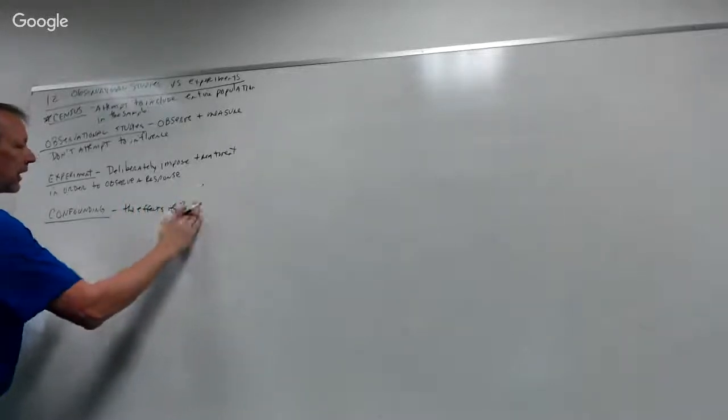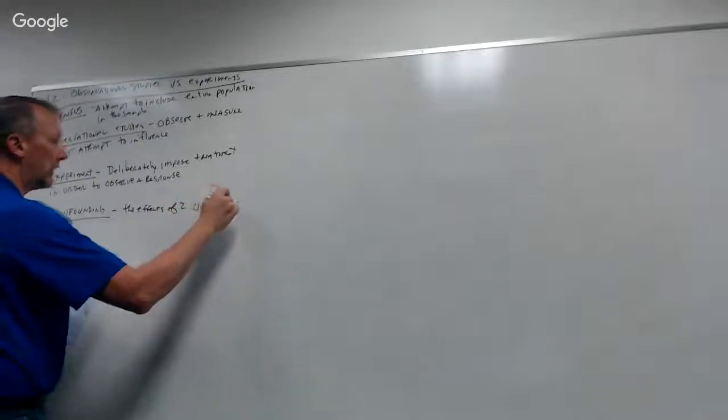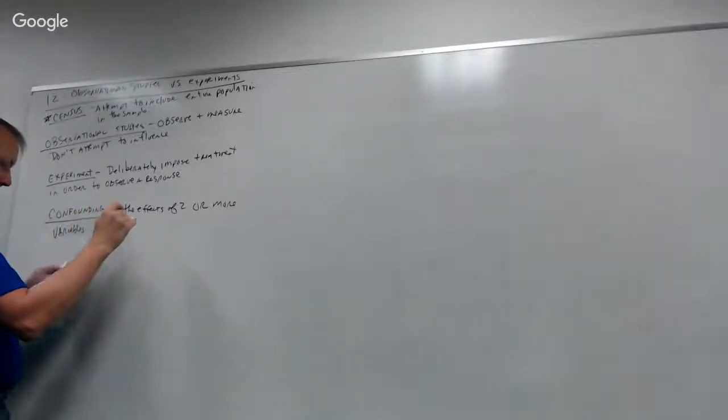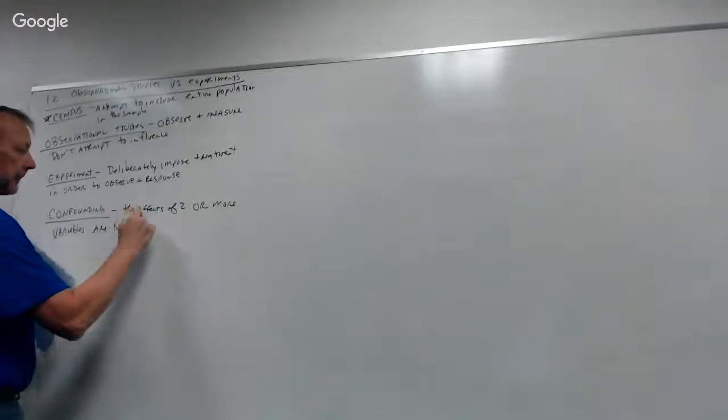Now, some people prefer experiments over observational studies because one of the problems with observational studies is it can do a thing which is called confounding. Okay? Confounding means the effects of two or more variables are not separated.